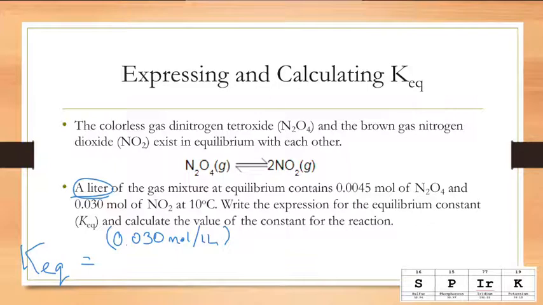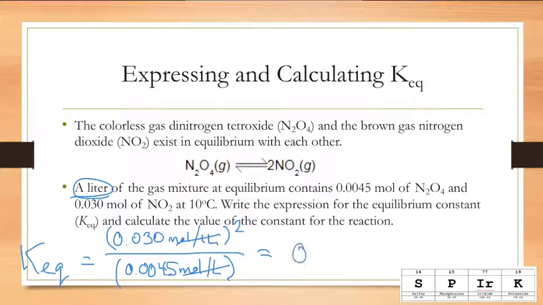And NO2 has a coefficient of 2, so we are going to raise this to a power of 2. And now we're going to divide by our reactants. Our reactant has a concentration of 0.0045 mole per 1 liter. The units are going to cancel out, and when we multiply this through, we are going to be left with 0.20. So our KEQ value is 0.20.